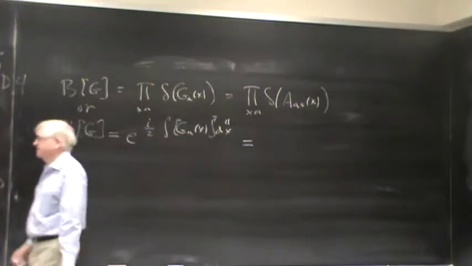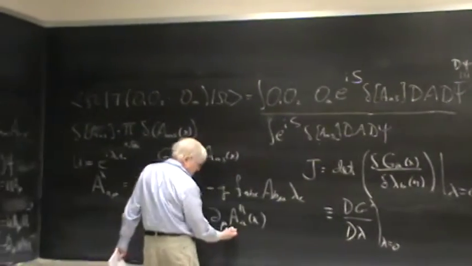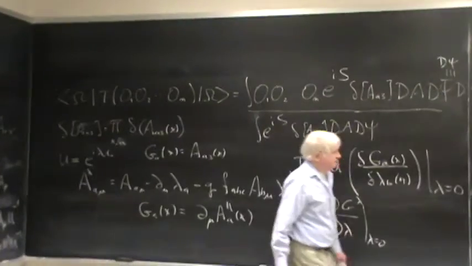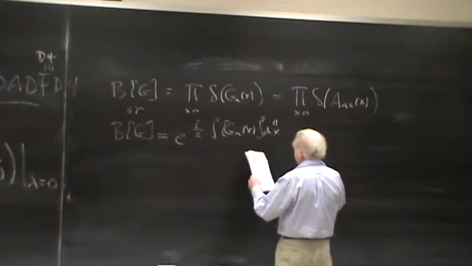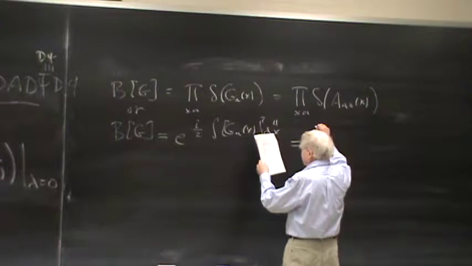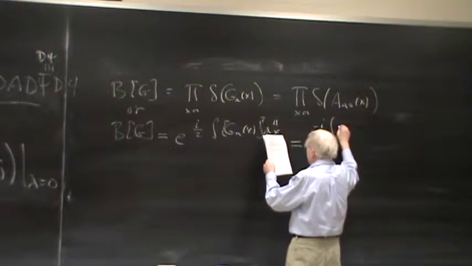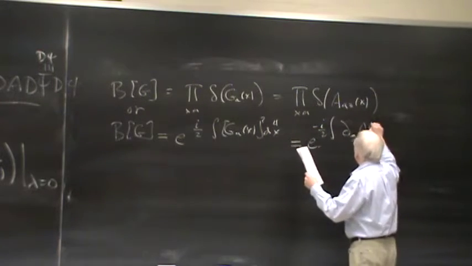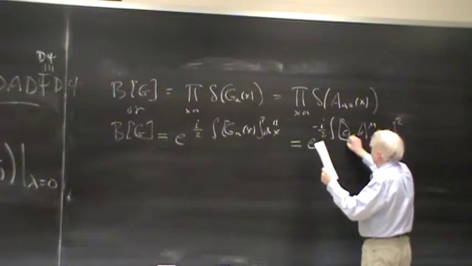So, by the way, in the lingo this is the axial gauge, this is the Lorentz gauge condition, I should have said. So this would be e to the minus i over 2 integral of d mu A mu of x squared.